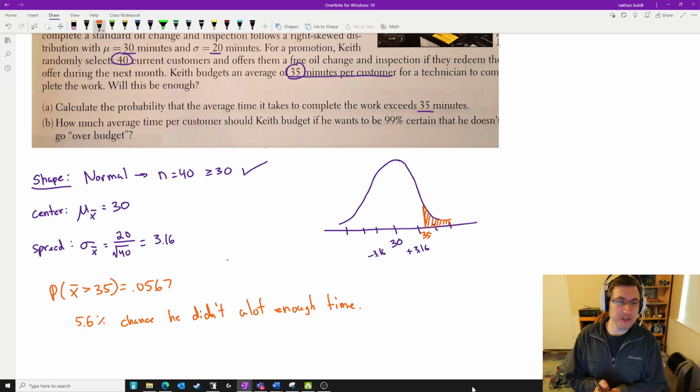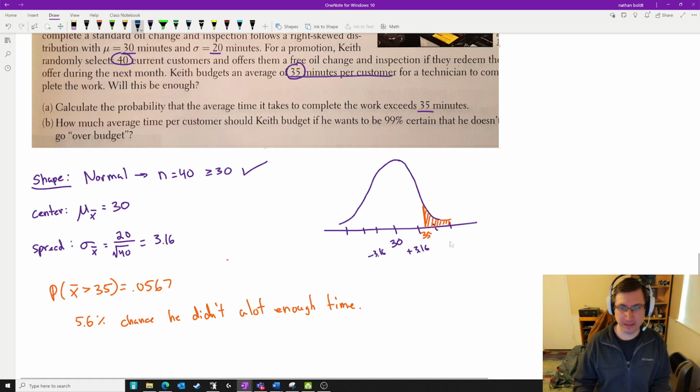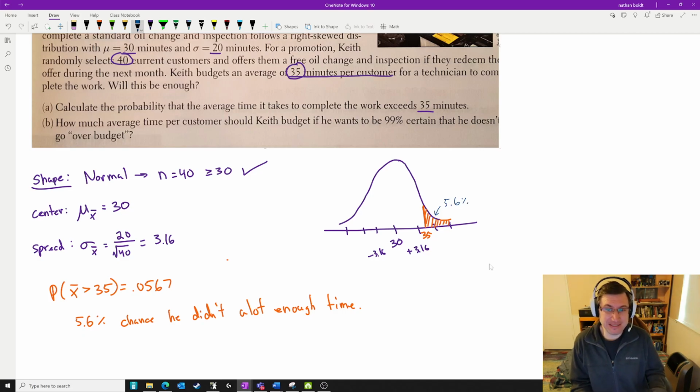All right, B, how much average time per customer should Keith budget if he wants to be 99% certain he doesn't go over budget? Okay, so right now, Keith has a 5.6% chance of being over budget. That means he is 94.4 percent sure that he's going to make it. There's a 94.4% chance that he did allot enough time.